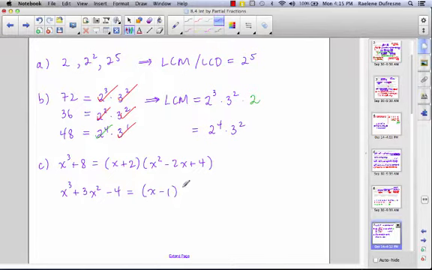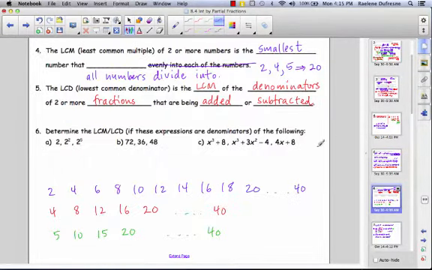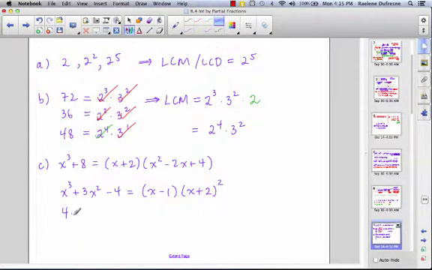And lastly, we have 4x plus 8. So don't forget probably the simplest and first step in factoring, which is looking for a common factor.